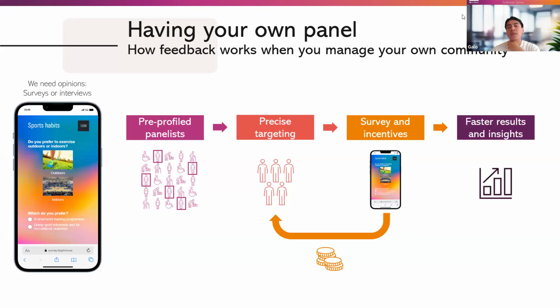And all of that is going to result in faster results and insights, which at the end of the day is very beneficial for the company when conducting research, because what you need in the end are reliable insights.